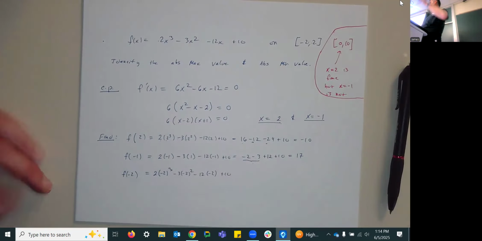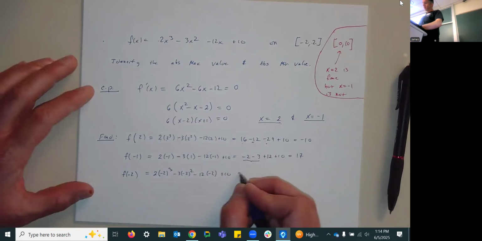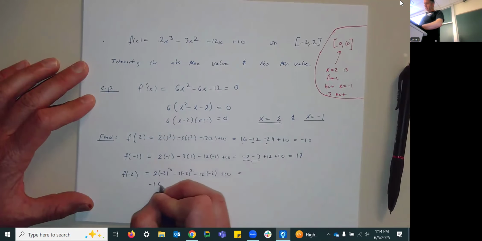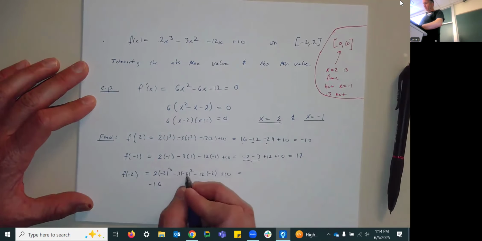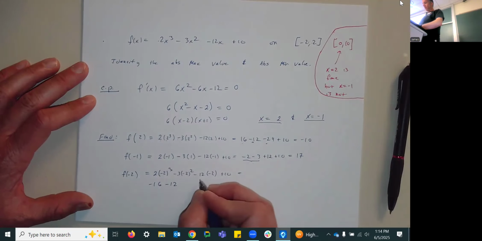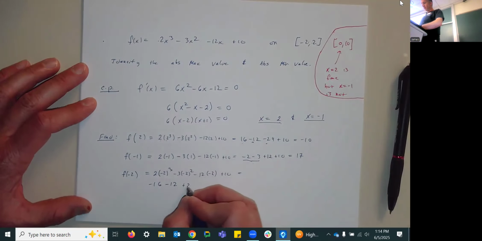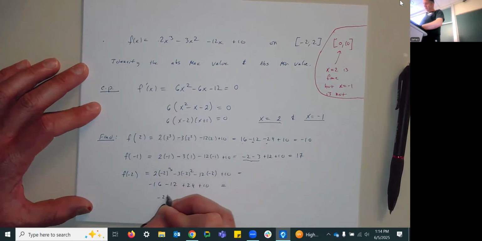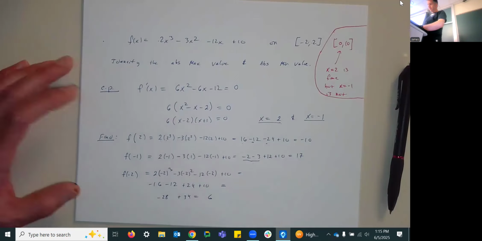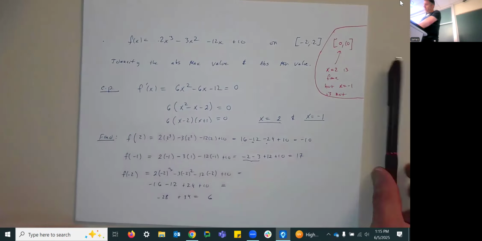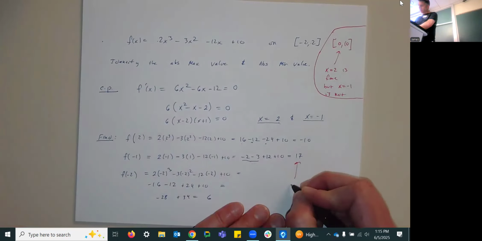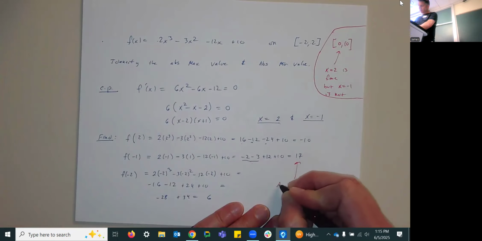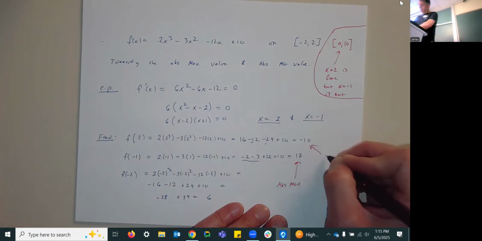So we're going to get negative 16, minus 3 times positive 4 is minus 12, minus 12 times minus 2 is plus 24, plus 10. That's going to be negative 28 plus 34, which is going to be 6. So there's your absolute maximum. There's your absolute minimum.